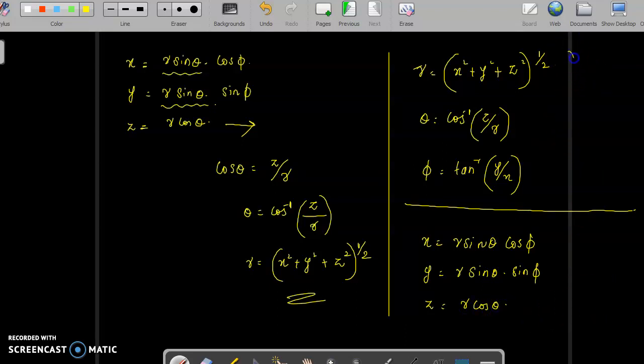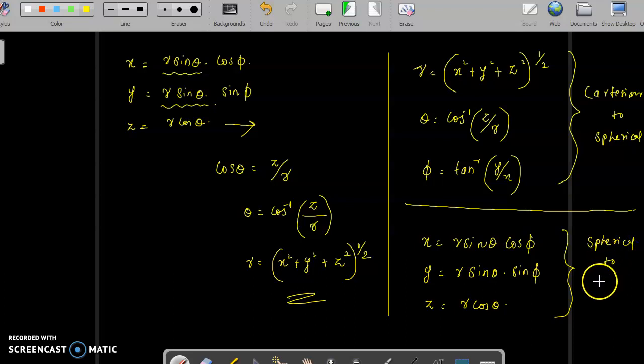So this is a conversion from the Cartesian to the spherical coordinate system, whereas these expressions help you to find the Cartesian coordinates from spherical coordinates.